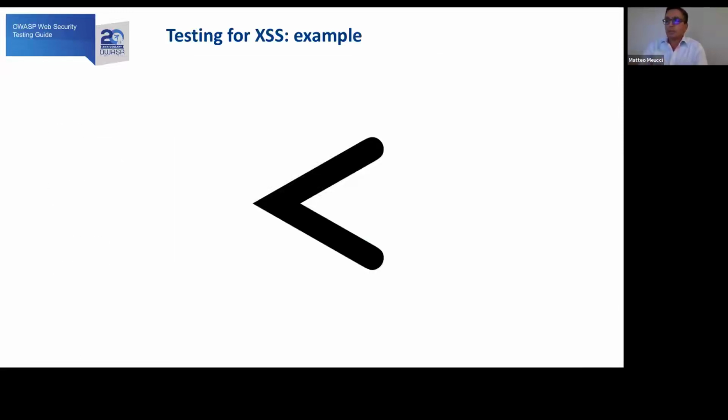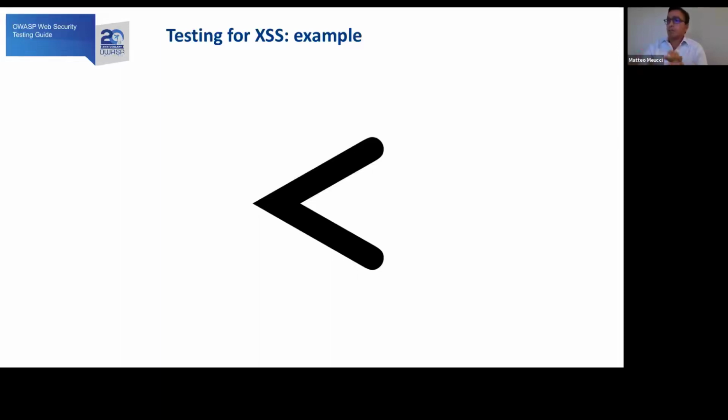So regarding the testing for cross-site scripting, here you can see the left angle bracket. This is the worst metacharacter available on the net. It is the nightmare for all JavaScript engines, and for all users interacting with online services using a browser that has a JavaScript engine.